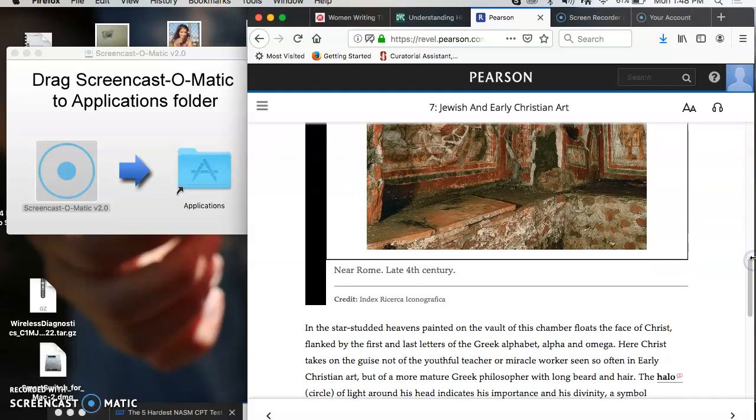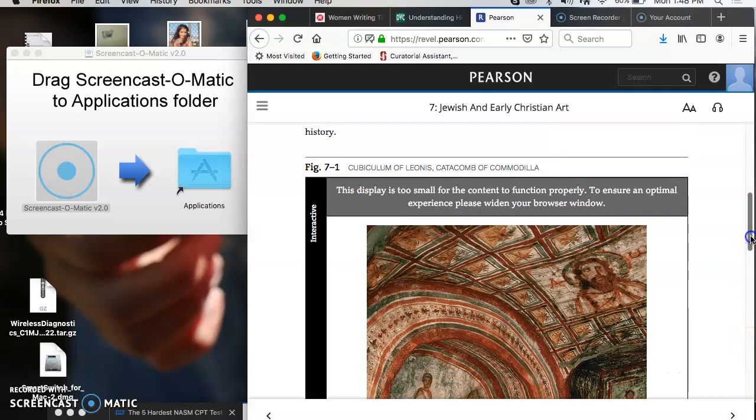The artwork in its caption is described as being near Rome, made in the late 4th century. And up here where they say figure 7-1, chapter 7, illustration number 1, they're giving you a title, the Cubiculum of Leonis, Catacomb of Commodilla. So the cubiculum is an ancient Roman word for room.